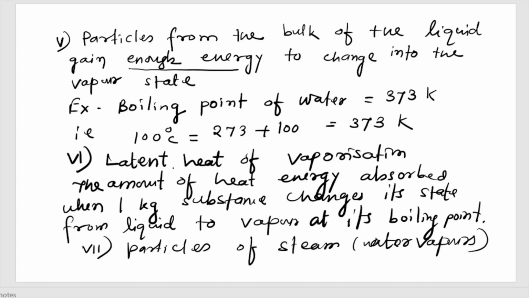What is latent heat of evaporation? By definition, it is the amount of heat energy required to be absorbed when 1 kg of substance, heated at its boiling point, changes to vapors. Remember, it never crosses the boiling point.